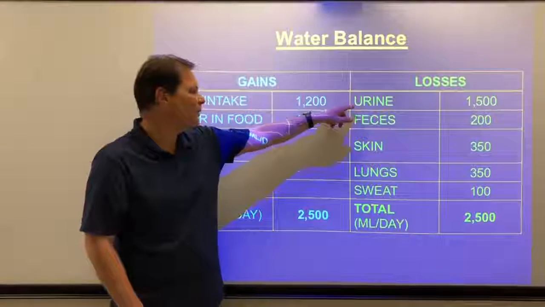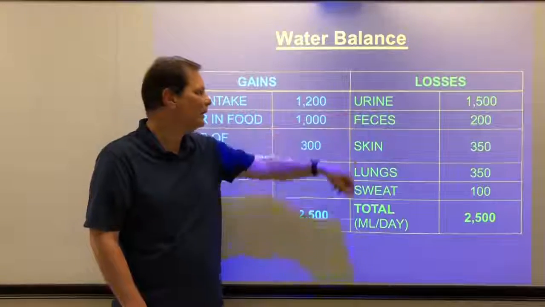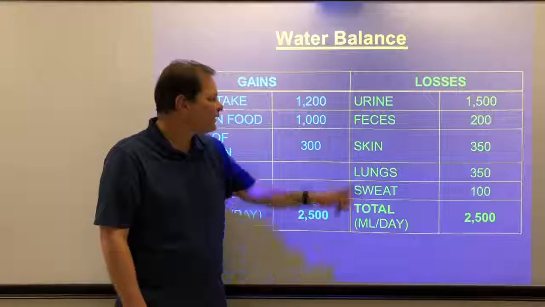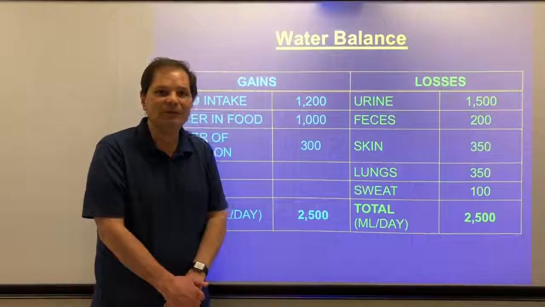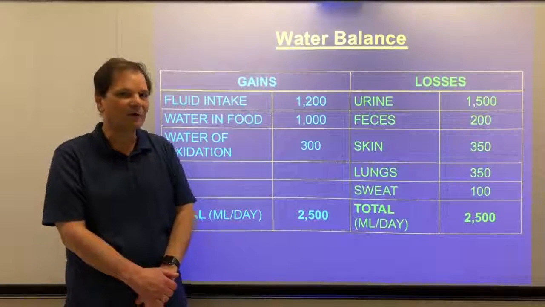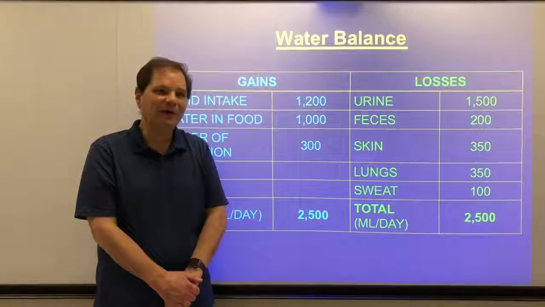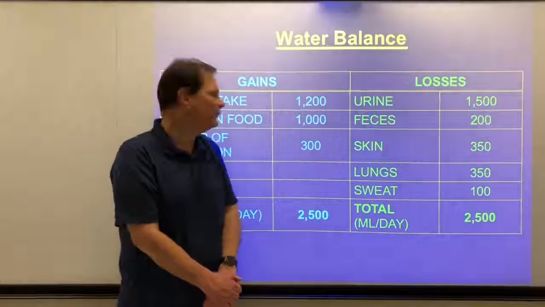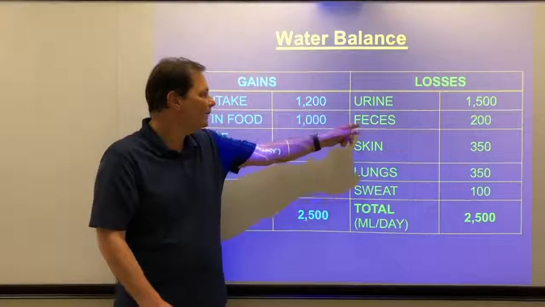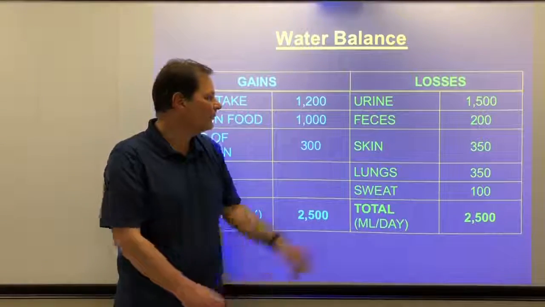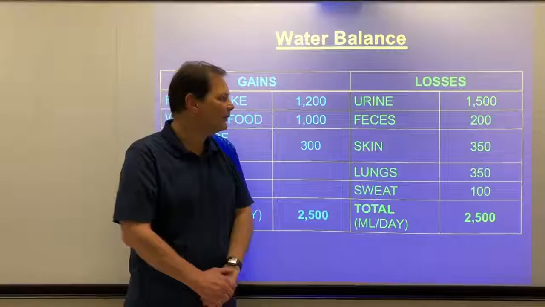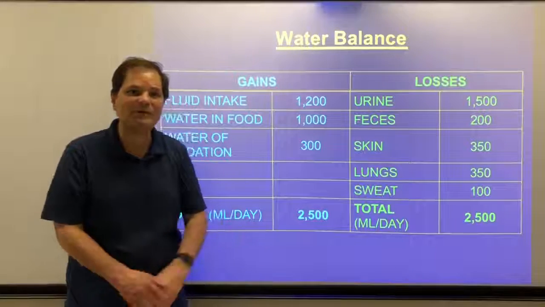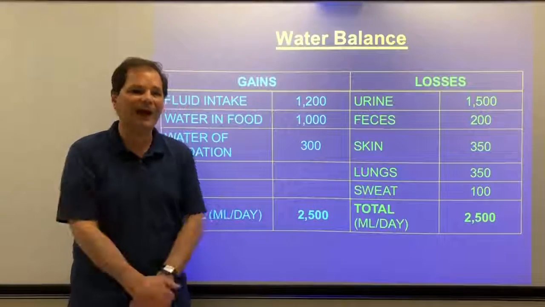So you lose the majority of your fluids through your urine, and you always generate urine even when your regulatory mechanisms are at a point where you're trying to conserve water to the maximum. You still are going to urinate fluid and lose fluid that way. You lose water through your feces, through your skin, simply through evaporation, because your skin is exposed to the atmosphere.